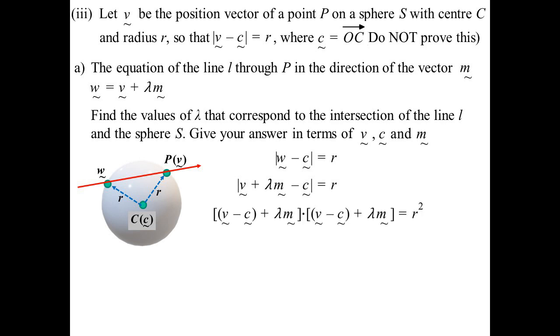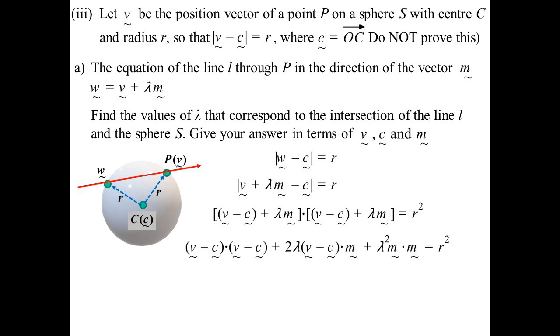Well, I've rewritten it using that idea of U·U being equal to the magnitude squared. So that's what I've done here. If you like, I've squared both sides, so I've made this magnitude squared, but rewritten it as U·U. So in this case, (V − C) + λM, dot (V − C) + λM.